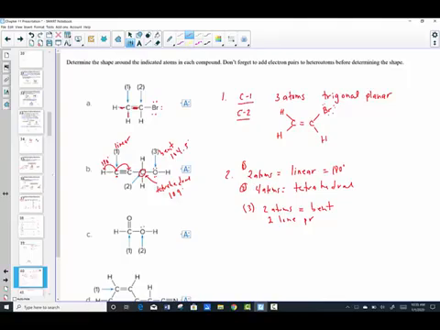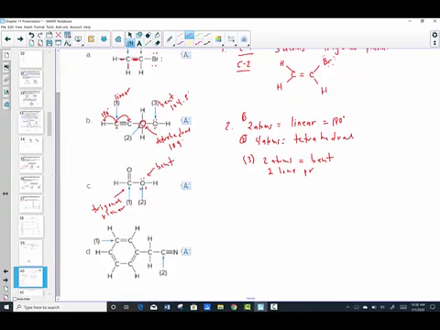Carbon 1 down here is bonded to 3 different atoms, so we would call that trigonal planar. This oxygen with 2 bonds and 2 sets of lone pairs is bent. And the last one we'll check together, letter D: the carbon indicated as number 1 is leading to 3 different atoms, 3 different domains.